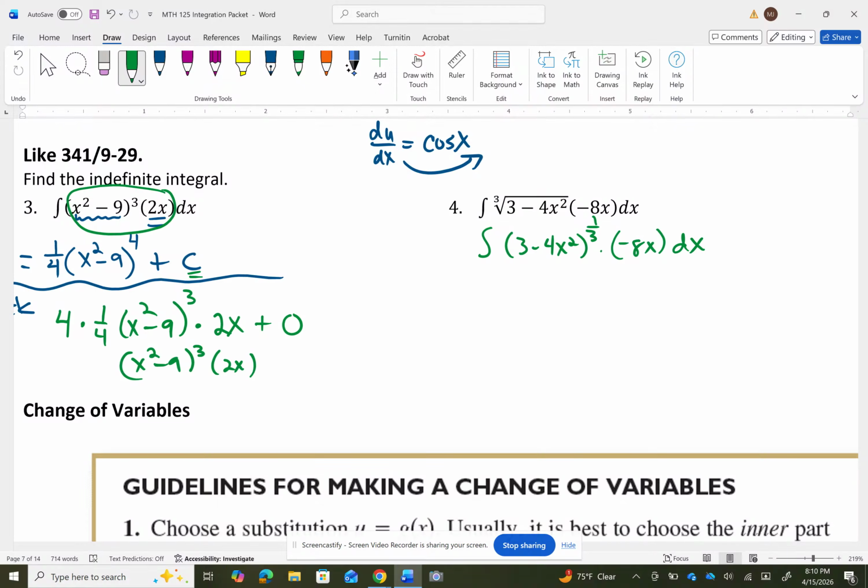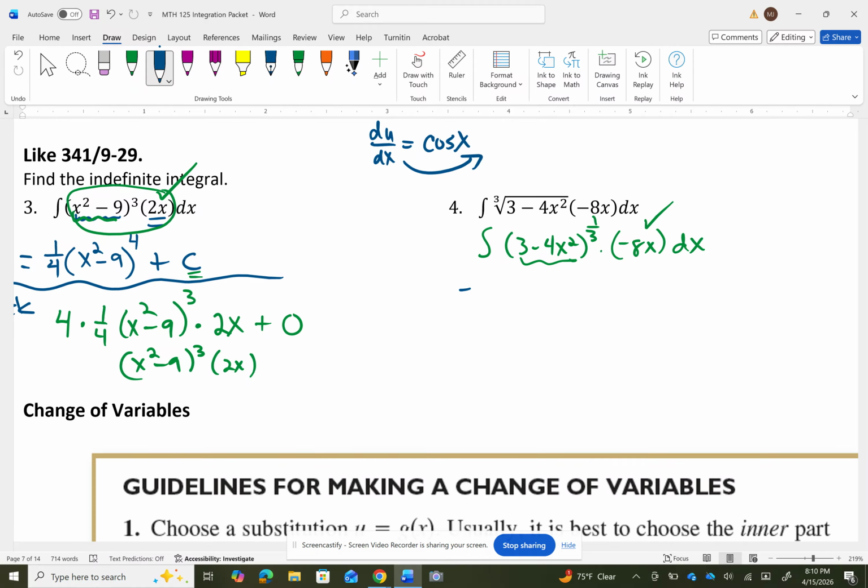So on this one, I like what I see because that right there is the derivative of the inside function, just like this right here was the derivative of the inside function. Those are the ones that are especially nice to do just using pattern recognition. So feel free to do that if you're comfortable with that.